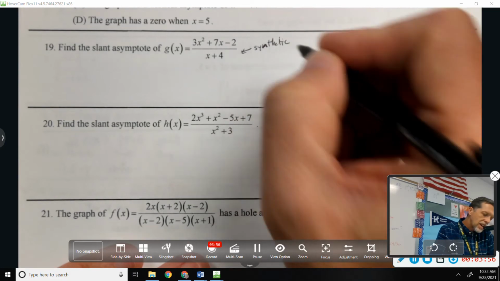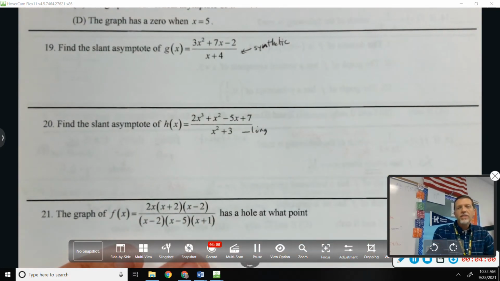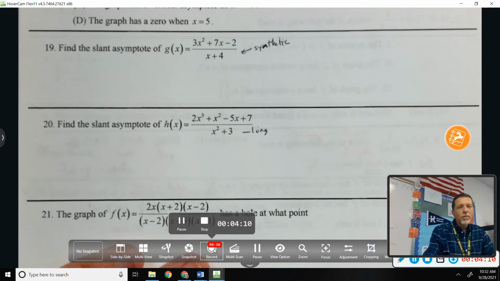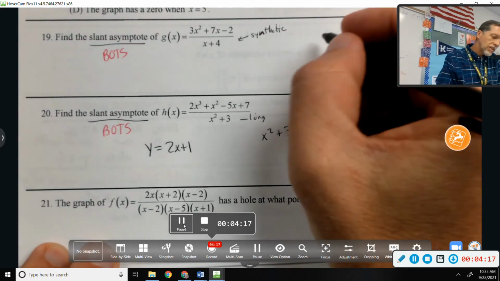And this one you'd have to long divide. Which one would you like to see? Synthetic's easier. So much easier. We'll do the long. It's also posted in the other video, so if you're stuck here watching, go watch the other video to see the long divide. So let's look at the synthetic division one.